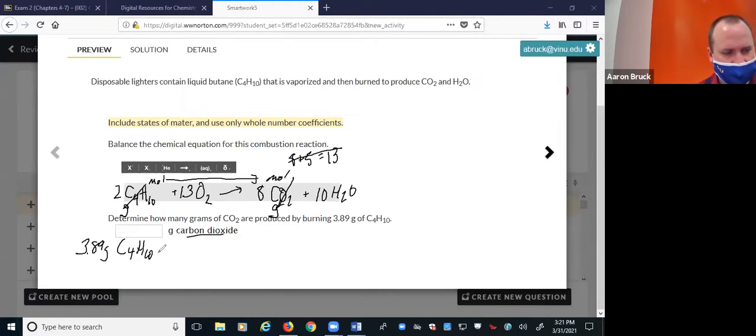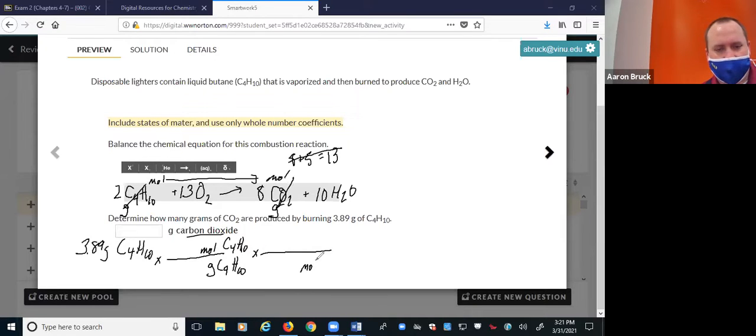So my first order of business, I need to convert the grams of butane into moles of butane. My second, I need to turn the moles of butane into moles of carbon dioxide.